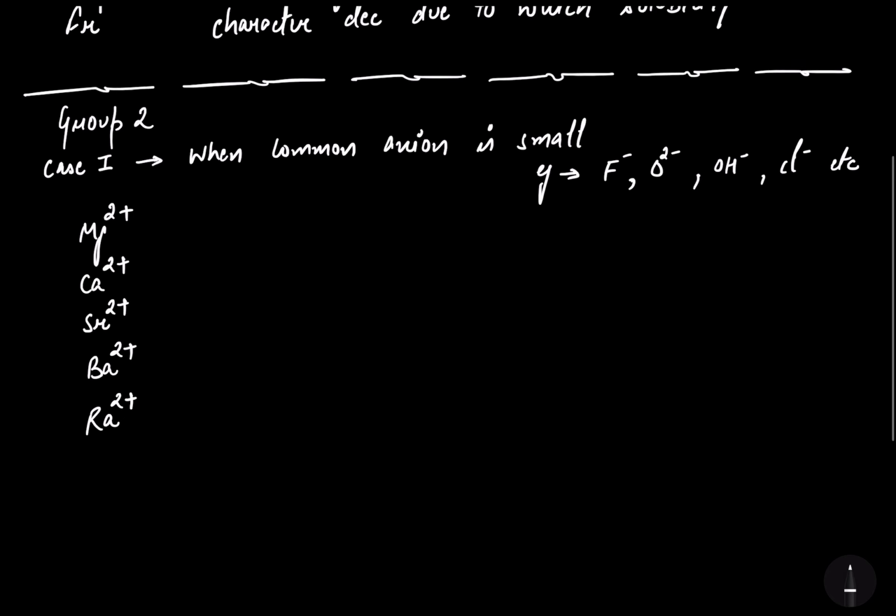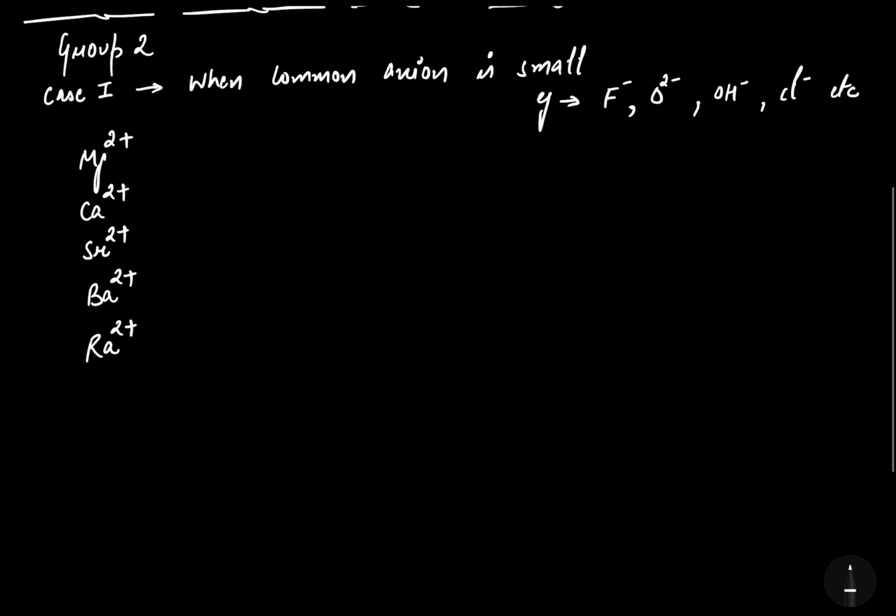So let me form the compounds with group number 2. Let me take the example of fluorides. So the group becomes MgF2, CaF2, SrF2, BaF2, barium fluoride, then finally radium fluoride.